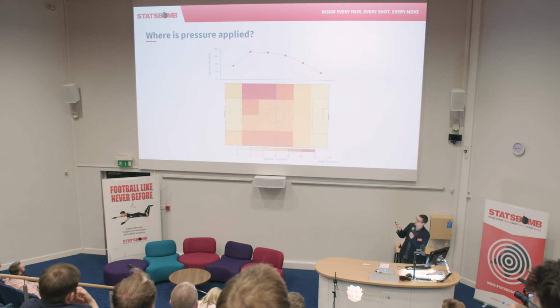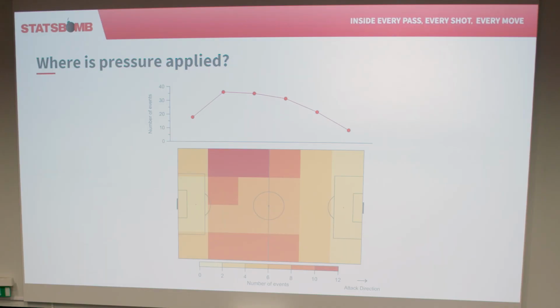The top plot gives us a cross-section from one end of the pitch to the other, attacking from left to right, from the point of view of the team out of possession. So the goalkeeper would have it here, the attackers would be here. There's less pressure exerted higher up the pitch, and that increases as you get into the midfield, and then decreases again as you get into a team's own defensive zone.